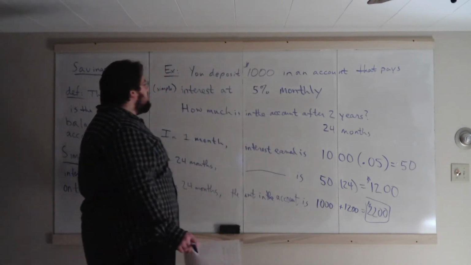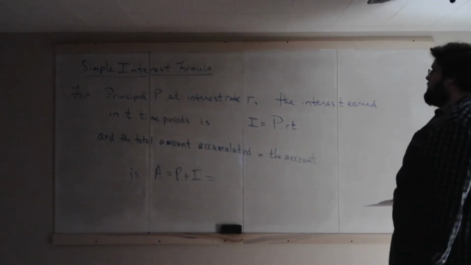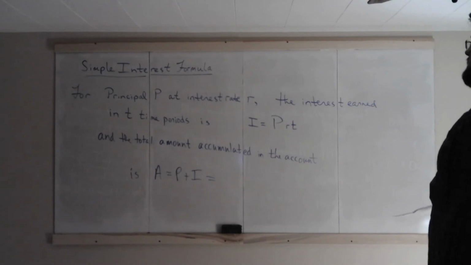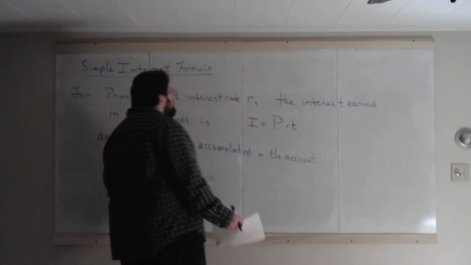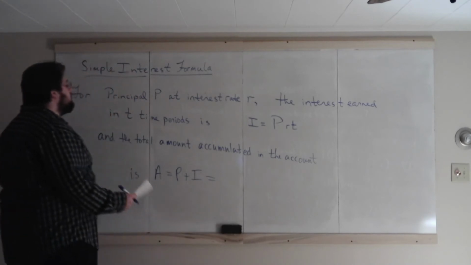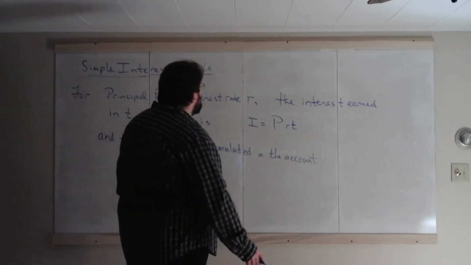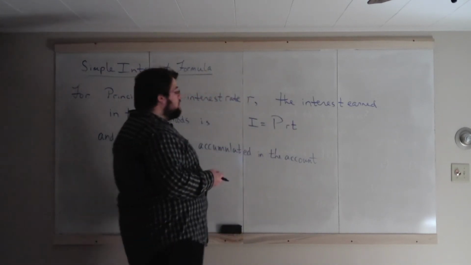So let's write that as a formula. So given a principal P and an interest rate R, the interest earned in T time periods is just the product of P, R, and T. And we saw that in those examples, and some of them we did in one step. It was what, 1,000 times 0.1 times 20 in the one we did.